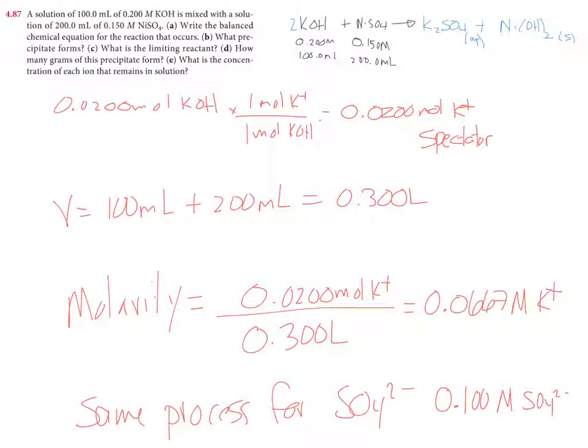It's the same process for the sulfate ion. We have to find out how many moles of sulfate ion we have, divide that moles by the volume of solution, which again is 0.3 liters, and you should come up with 0.100 molar, or moles per liter, of sulfate ion.